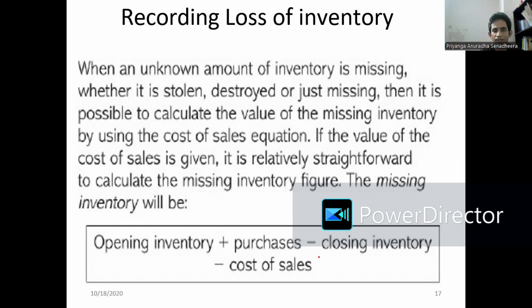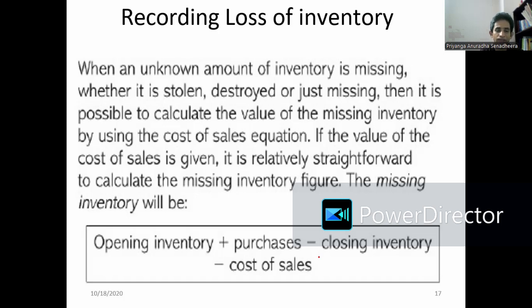But it's important for us to calculate the missing value. That's what we are going to do as an accountant. We have to consider one equation. If the cost of sales is given, it's relatively straightforward to calculate the missing inventory figure. Normally, cost of sales is equal to opening inventory plus purchases minus closing inventory.